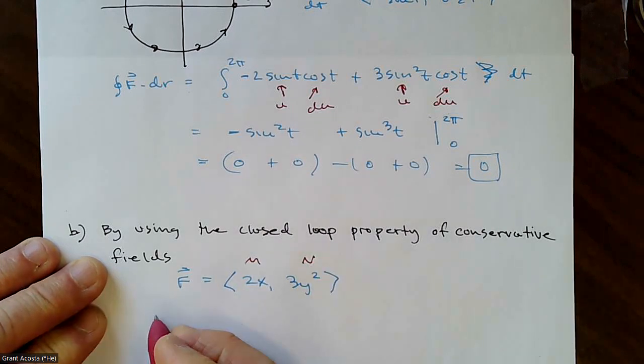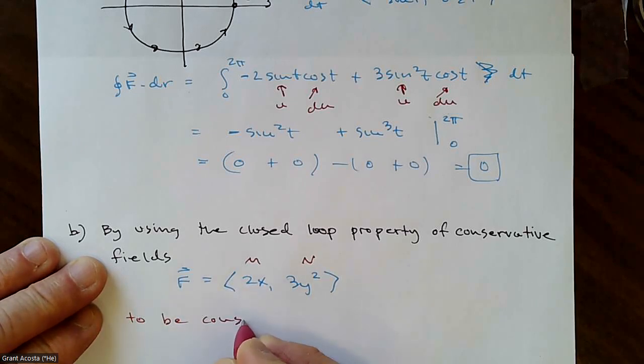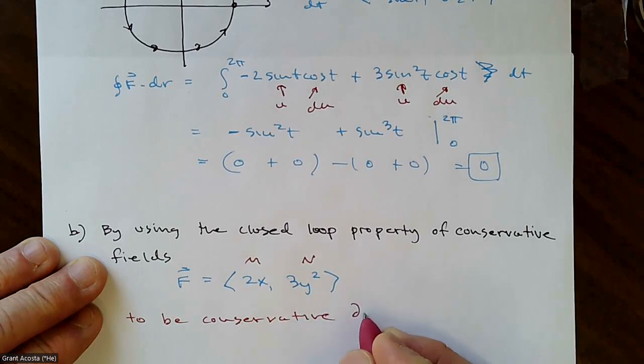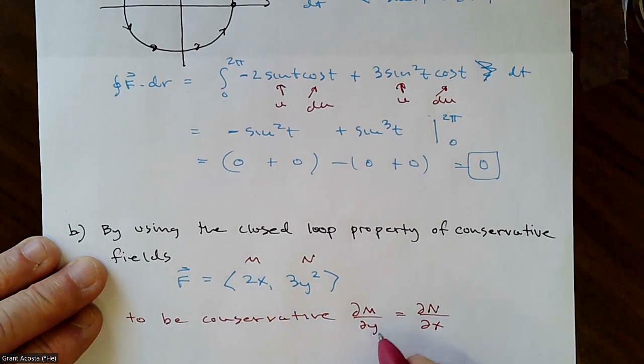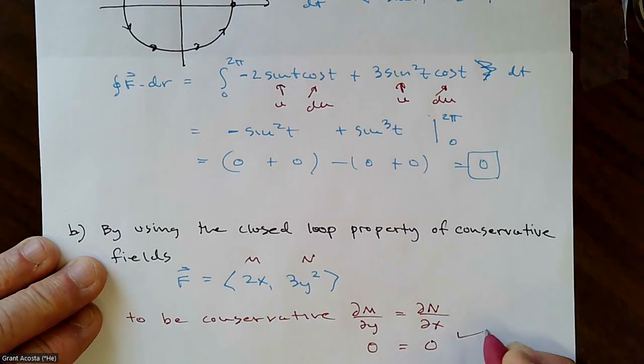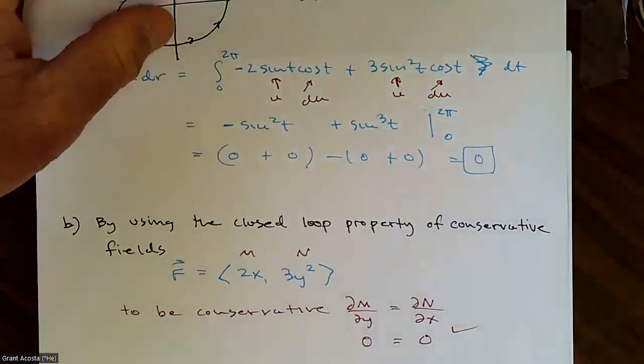And if you recall from earlier, to show that it's conservative, we need to show that the partial of m with respect to y is equal to the partial of n with respect to x. Partial of m with respect to y is 0. Partial of n with respect to x is also 0. So it is a conservative field.